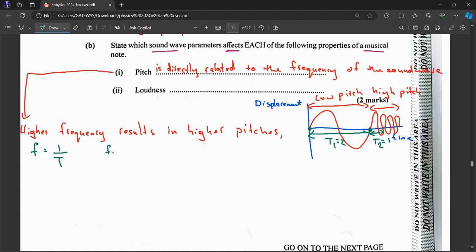So if you had to find two different frequencies here, one is F1, you could have 1 over T1, which is really 1/2. And if you had to find F2, that would be 1 over T2, so F2 would really be 1 over 1, which is 1.